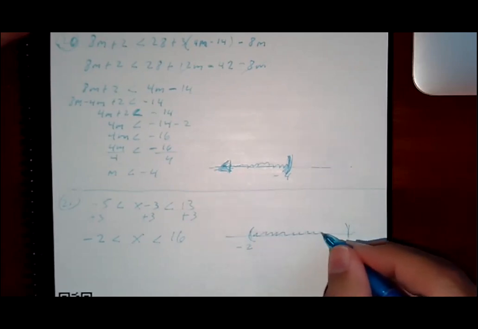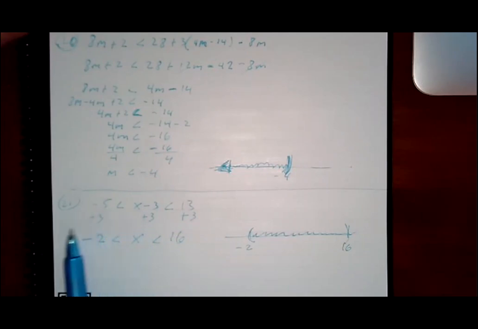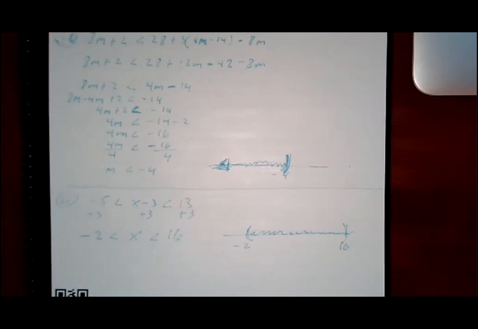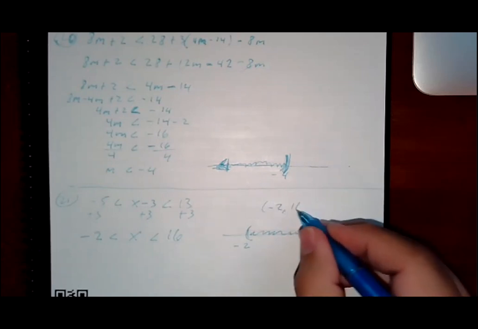Everything in here is what I'm talking about when I read this. Okay? They want the interval notation for this question. Interval, that would be what? Parentheses -2 to 16.